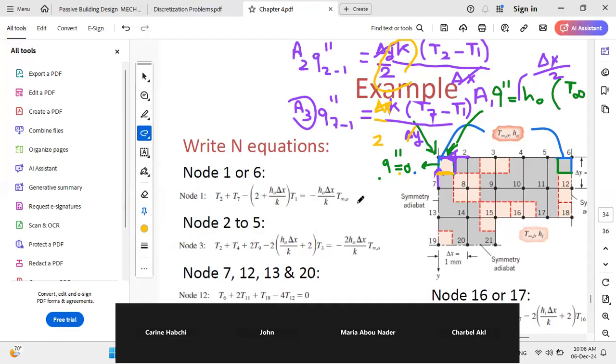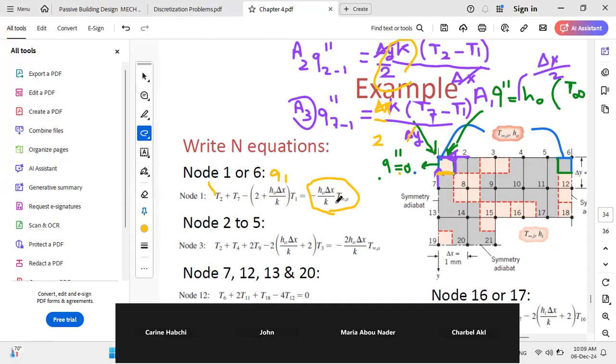This is our source term. This is the coefficient A1, this is the coefficient of T2, A2, and this is for T7, A3. So we were able to determine the coefficients for the different temperatures for cell 1.